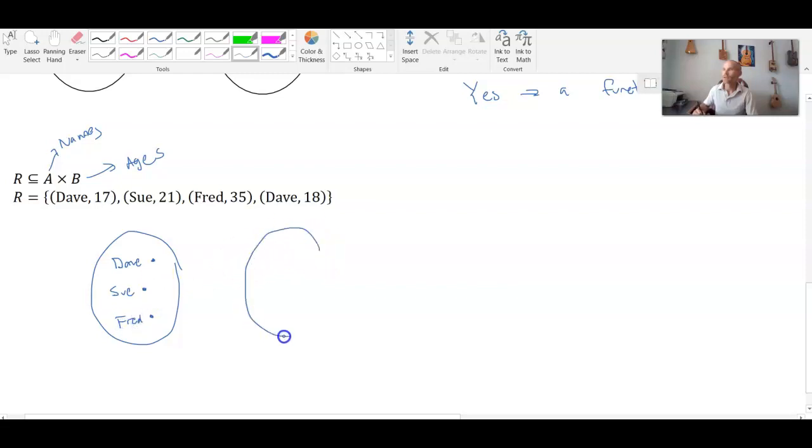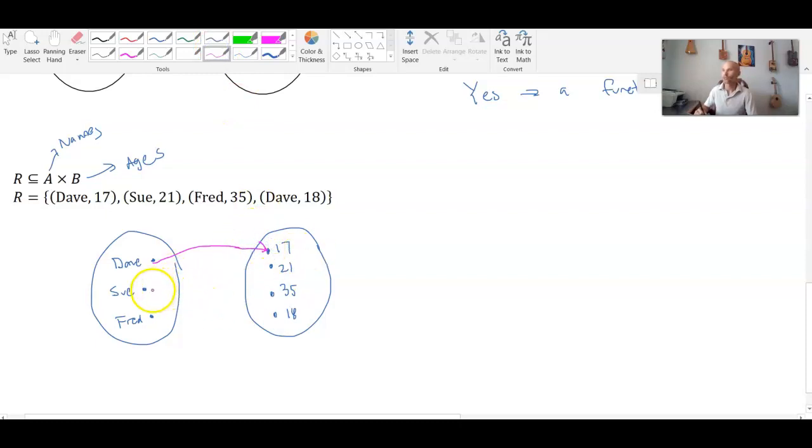And then my range is going to be the set of all possible ages, which are 17, 21, 35, and 18. It turns out that Dave has an age of 17, so we can link Dave, the input, to the corresponding age of 17, which is the output.